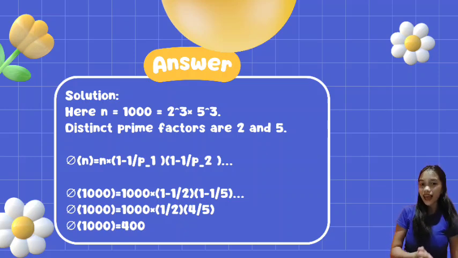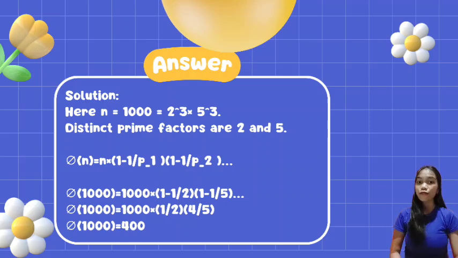Let us now identify the distinct factors of 125 and 8. For 125, we have 5 cubed, and for 8, we have 2 cubed. Therefore, the distinct factors of 1000 are 2 and 5.